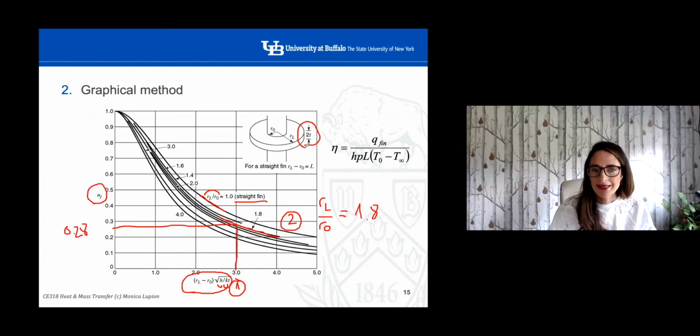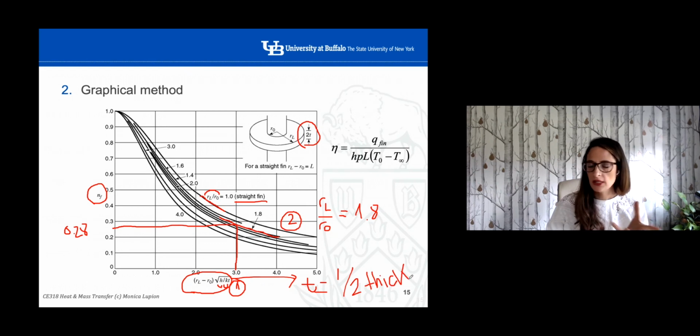The thickness is defined here as 2t. Therefore, when we calculate this parameter here, we have to use t, which is half of the thickness. Do not forget that. Okay, so these two things. But other than that, you can see it's relatively easy to calculate the value of the fin efficiency.